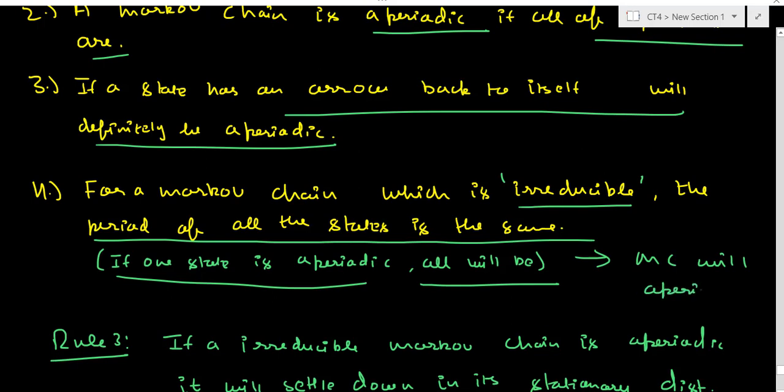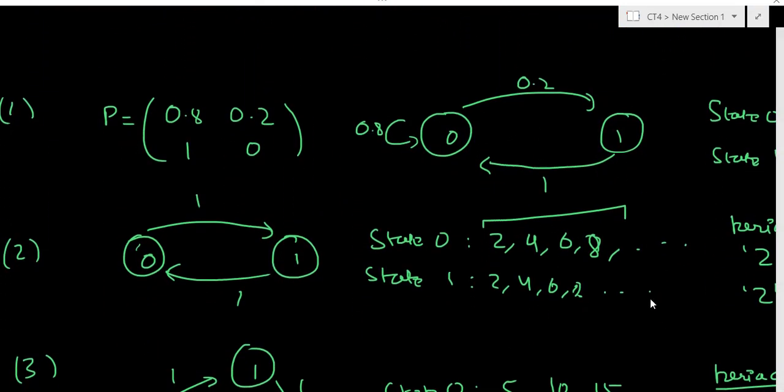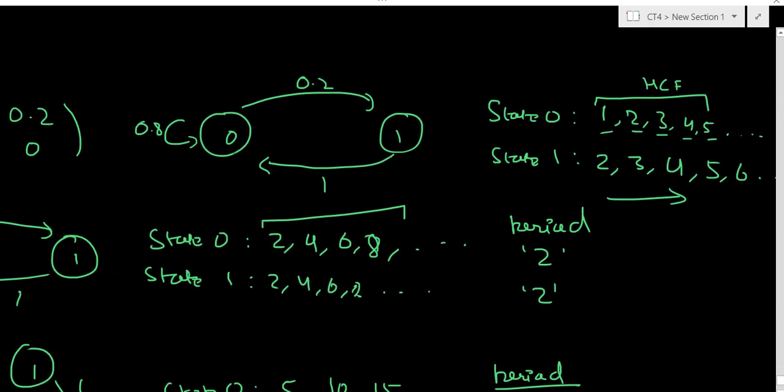And this can be demonstrated again in the same example. See, since the period of state 0 was equal to 1 here, the period of state 1 was also equal to 1, because you could stay in state 0 for any number of steps you want and then go back to 1.